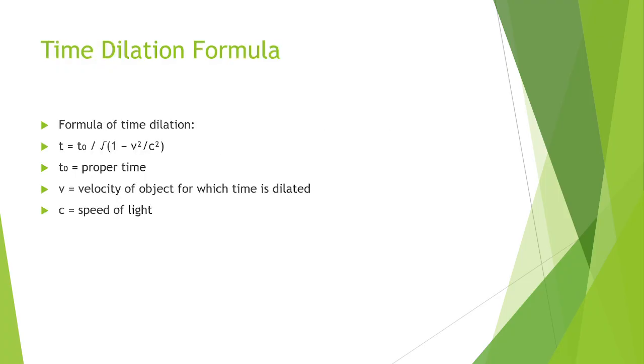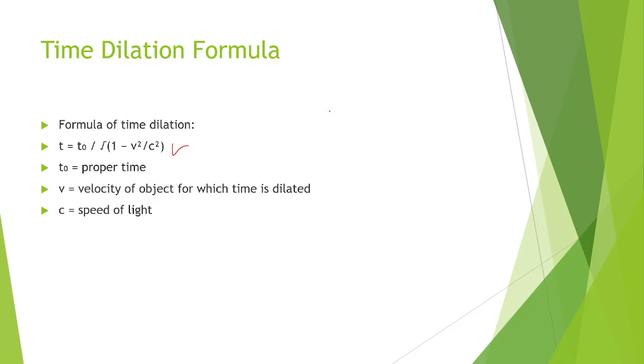Okay, the formula for time dilation. So this is the formula for time dilation. The t naught is the proper time, that is the time read by the object which is moving with velocity v, and c is the speed of light.